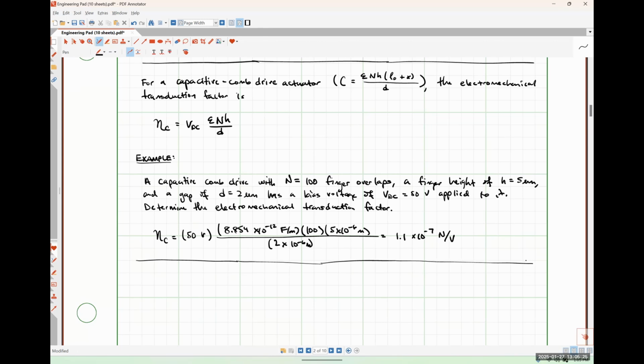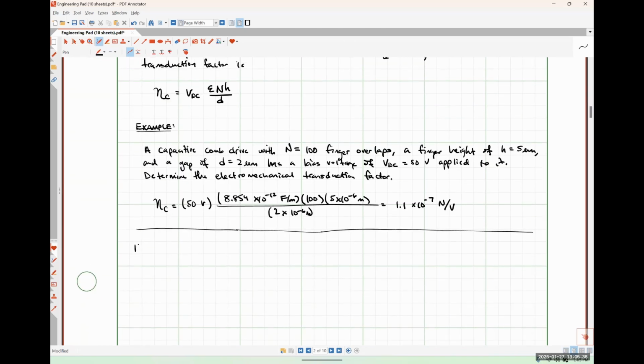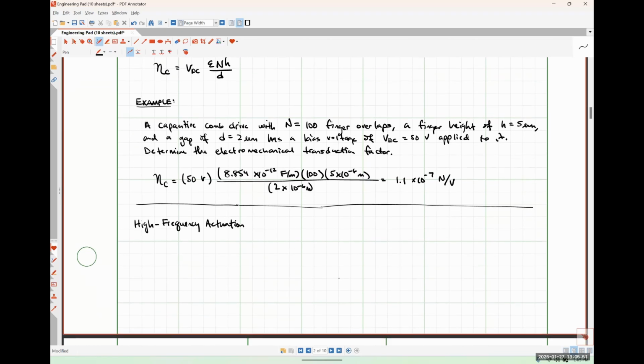All right. So now let's move on to one of the other cases that I wanted to talk about. So let's say that we have very high frequency actuation. And I'm going to put the boundary on this high frequency actuation up here.